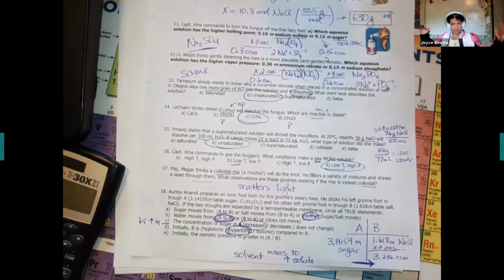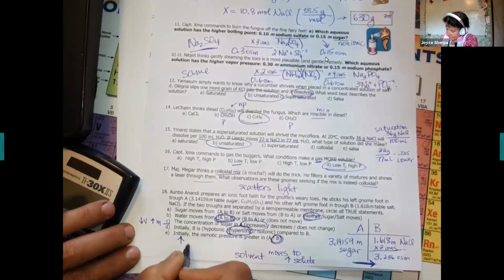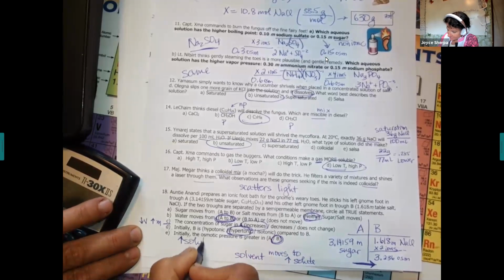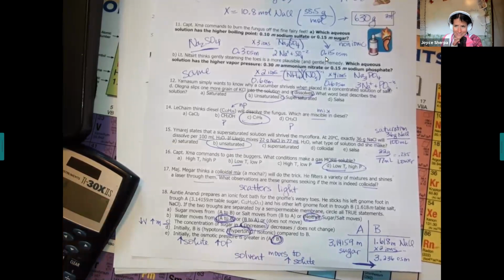Hyper means above normal. And then E, initially B, the higher solute, has the higher osmotic pressure. You should call it something other than pressure because again, it's a pulling rather than a pushing. Any questions? Okay, all right, I'm going to stop.